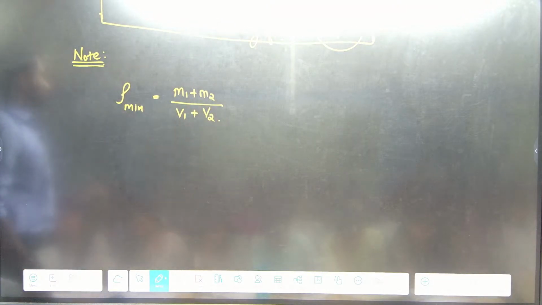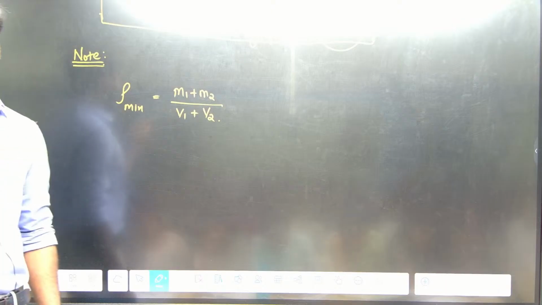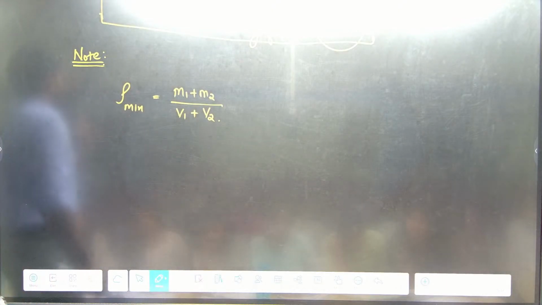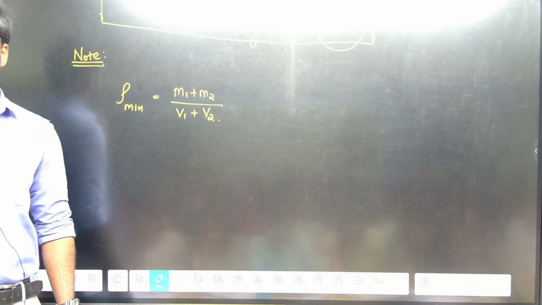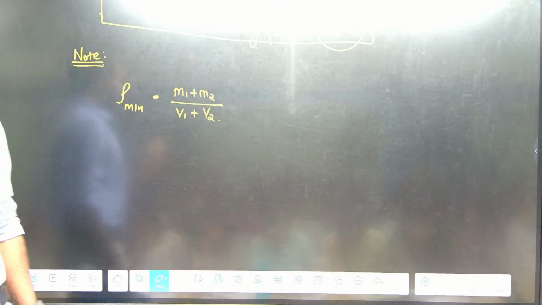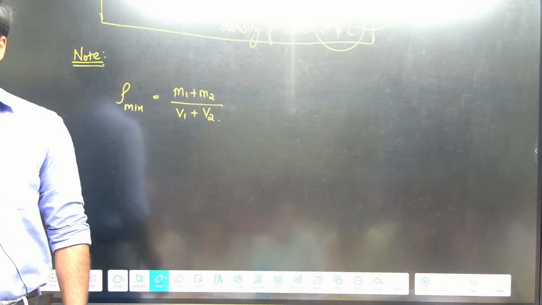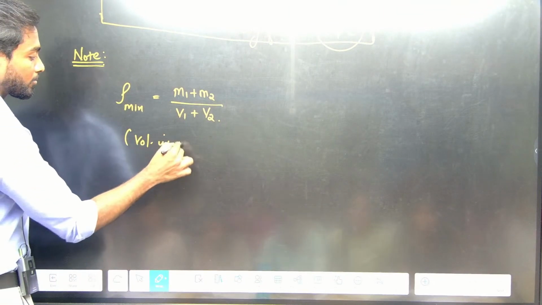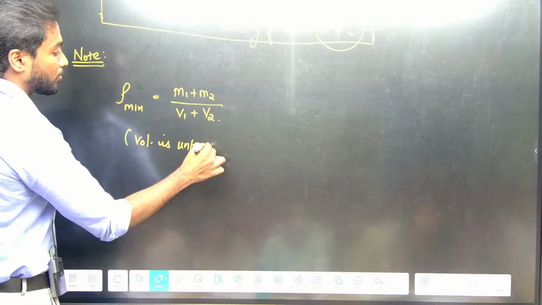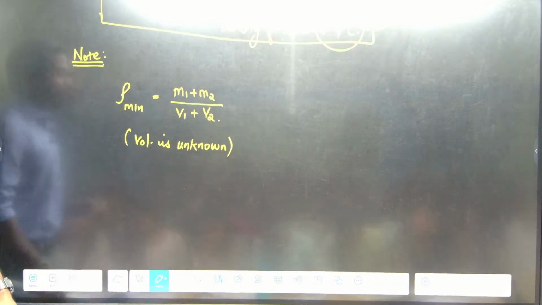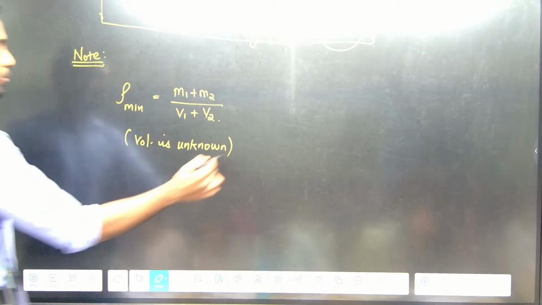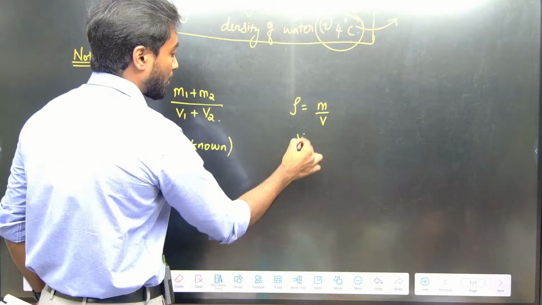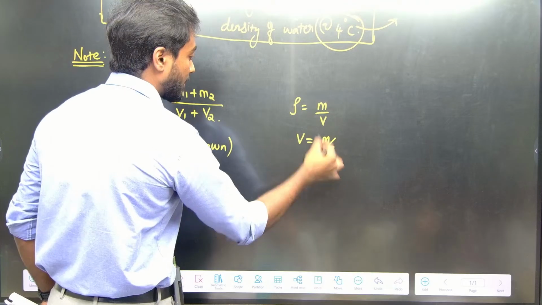Here they have given density and mass: mass m1, mass m2, density rho 1, density rho 2. So what is the thing they have not given here? Volume. Volume is unknown. If volume is unknown, we know that density is equal to mass by volume, so volume can be written as mass by density.